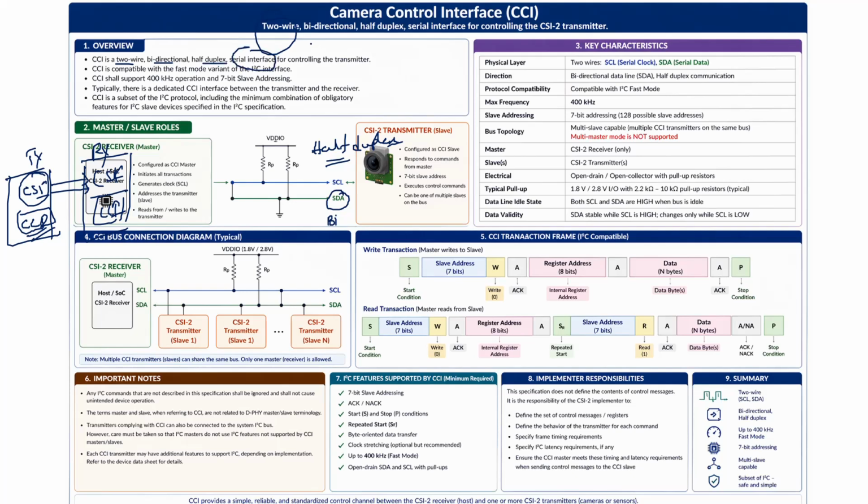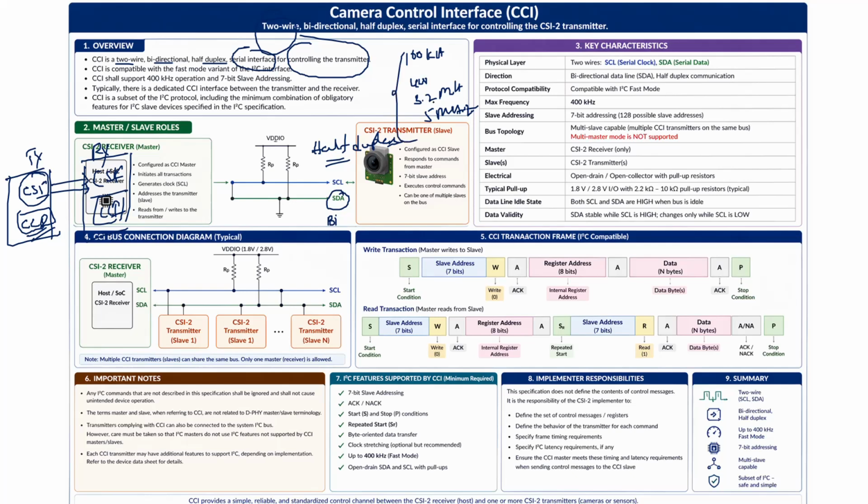This is mainly used for controlling the transmitter, how the data is transmitting. So it is capable of transmitting the data in fast mode also. I²C has different types of speeds, that is 100 kilohertz, then 400 kilohertz, then 3.2 megahertz, and then 5 megahertz. In this way we have different speeds of data.